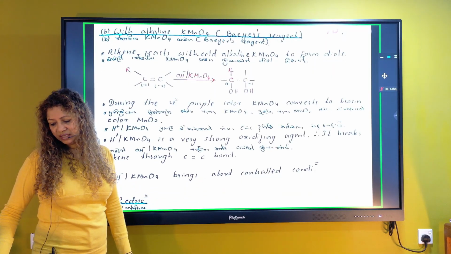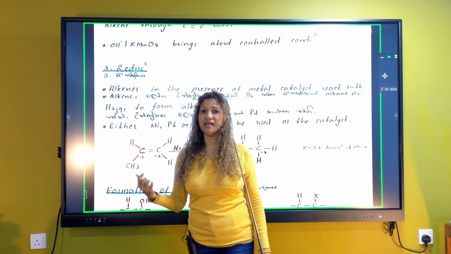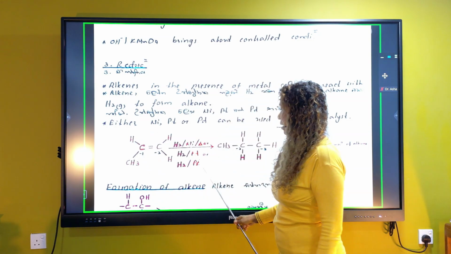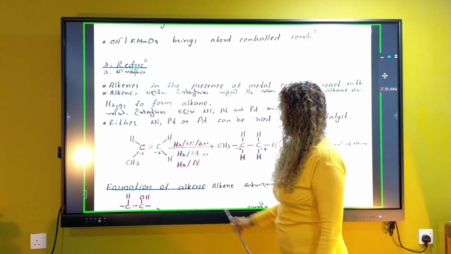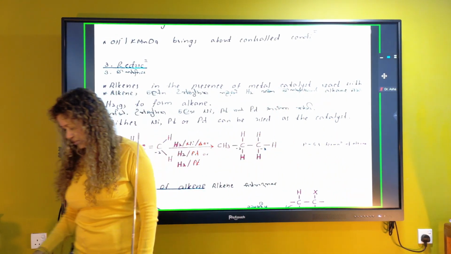The last little thing is the reduction. We did this one for alkanes, formation of alkanes from alkenes. Addition of hydrogen breaks this pi bond to make alkanes. The last topic was the formation of alkenes.